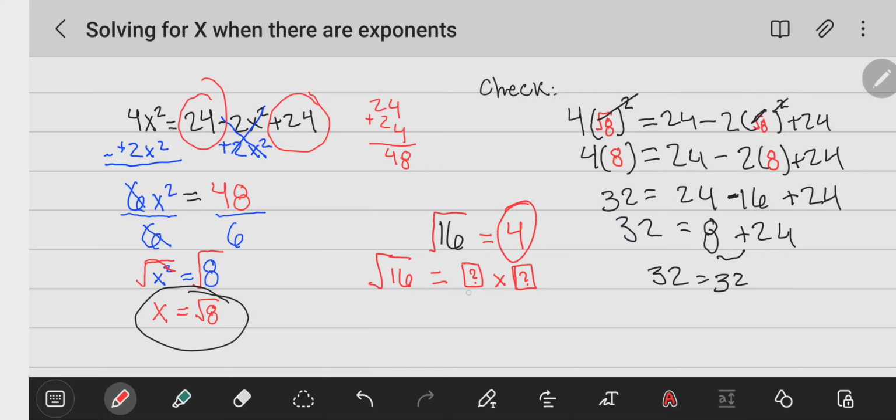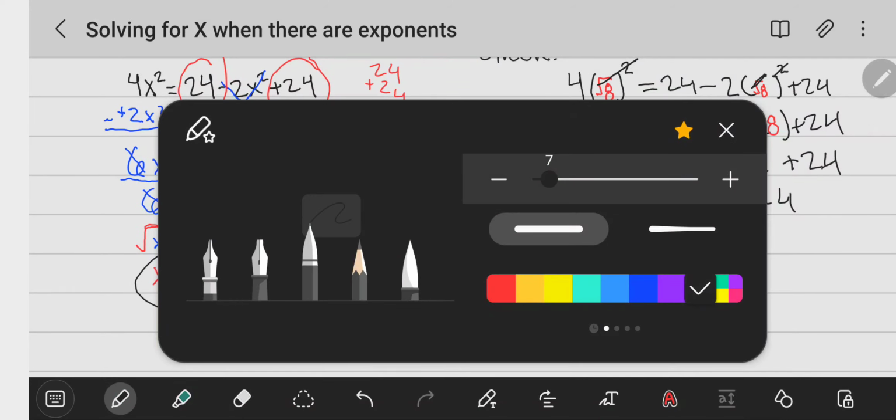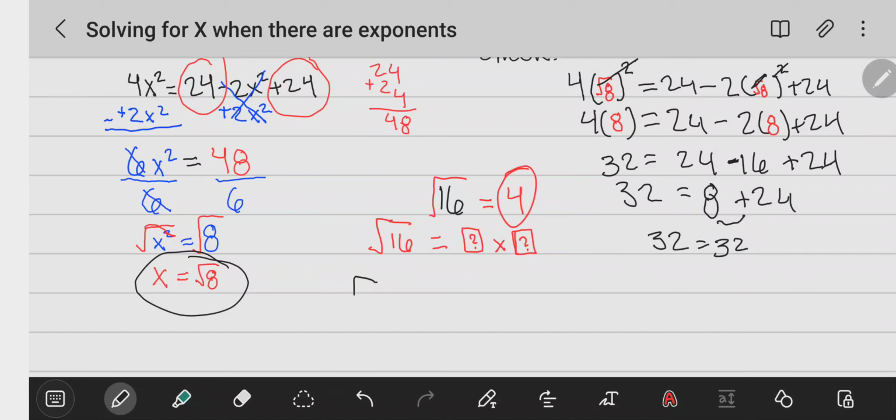So whenever we have a radical, okay, over the x, just like this right here, or I'm sorry, first, whenever we have x squared, we're saying it's x times x, right?